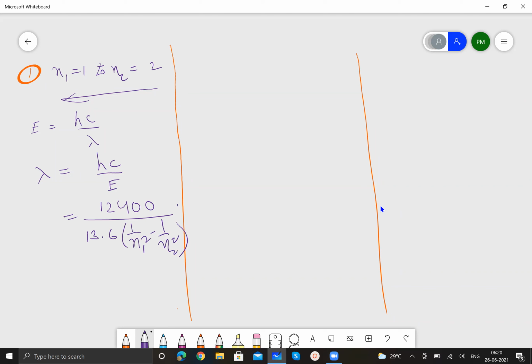Here n1 is 1, n2 is 2. If you simplify, we get 1220 angstrom units.